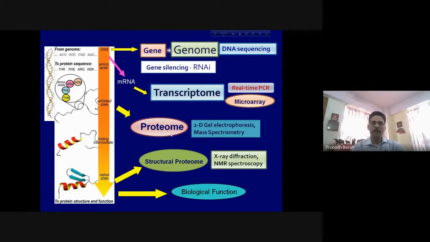So proteins can interact among themselves, or proteins can interact with some other biomolecules, small molecules, which are commonly referred to as ligands. And after a network of interactions among several proteins and other biomolecules, a particular biological activity or biological phenomenon can happen.